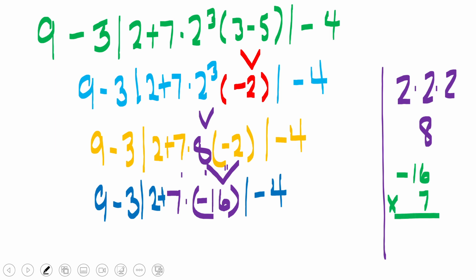Okay, now 7 times negative 16. We can work that in the margin real quick. 6 times 7 is 42. Drop your 2, carry your 4. 7 times 1 is 7, plus 4 is 11, and it's negative. So we have a negative 112 to rename this part.